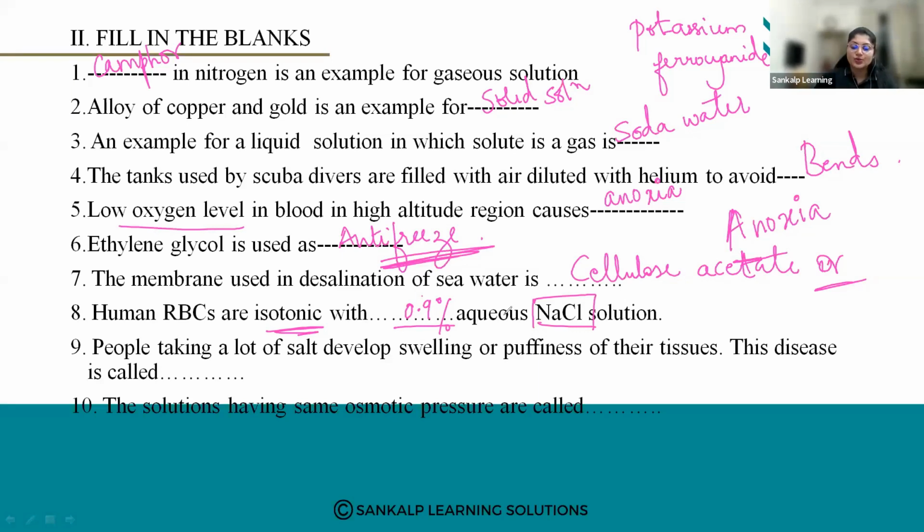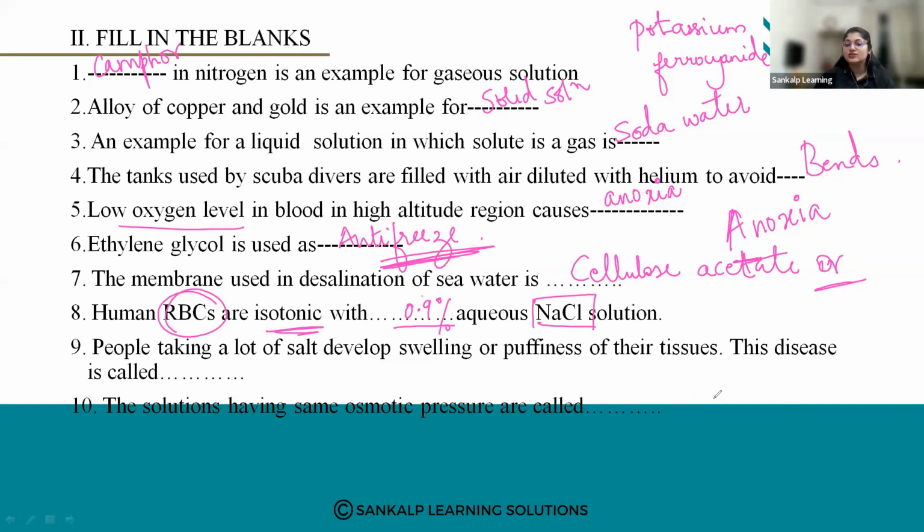So why are the RBCs isotonic with this NaCl solution? So that the red blood cells should neither swell nor undergo plasmolysis.